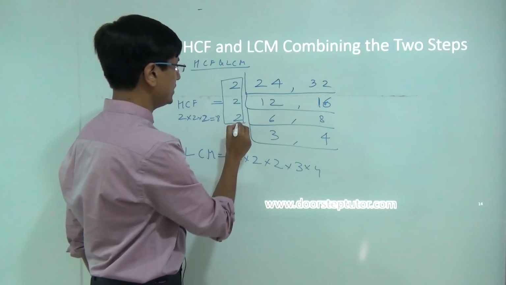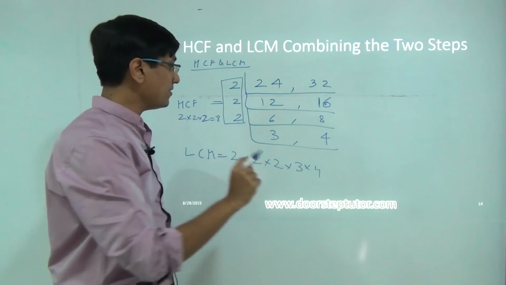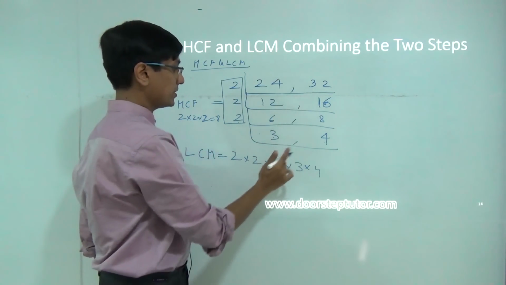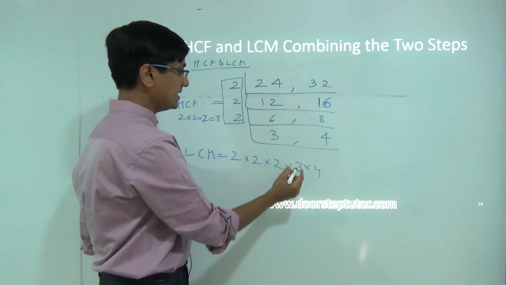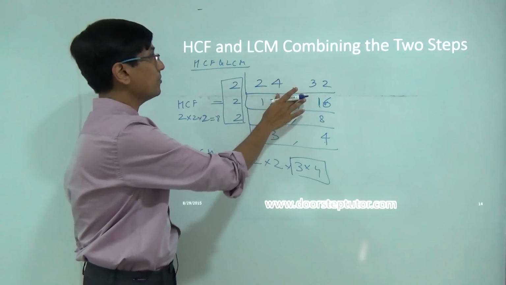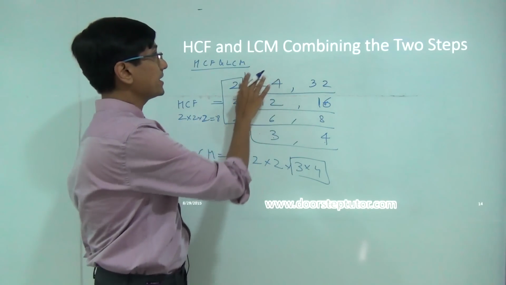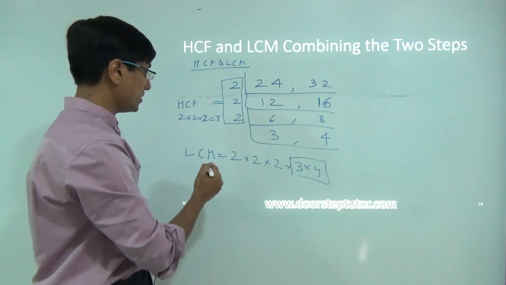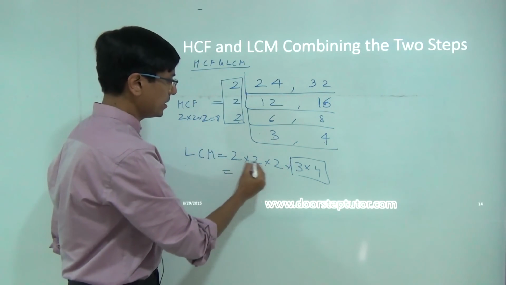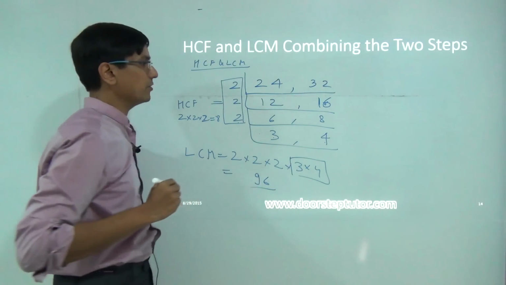So what I have done is write these three 2s, into 3 into 4, and this is only valid if I am trying to find the LCM of two numbers. I can stop here and multiply these numbers only for the LCM of two numbers. We'll see in a second why I cannot stop right here in the case of three numbers, for example. If I have more than two numbers, the answer would be 96. We already know this answer.